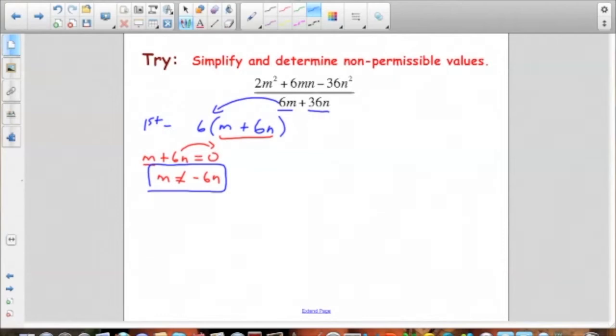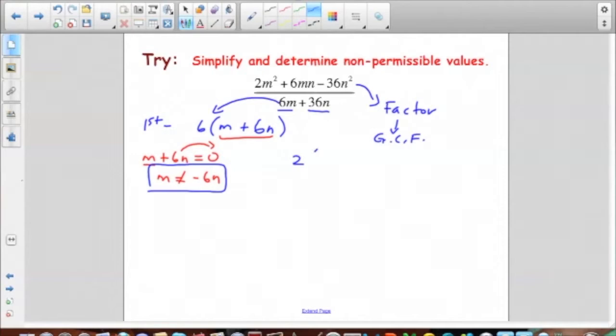So we're going to take this top, and we're going to factor. First thing in factoring is GCF. Well, we see a 2 that's common, so take the 2. Always GCF first.